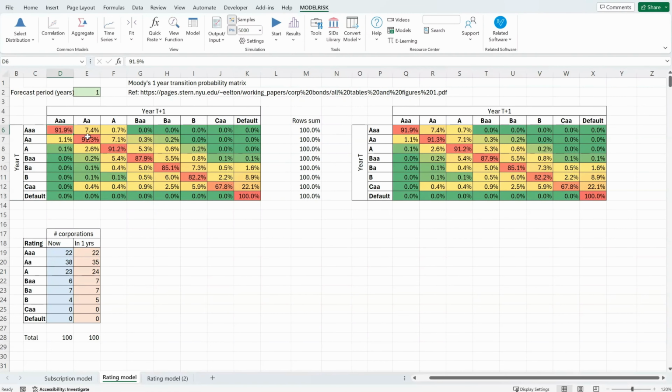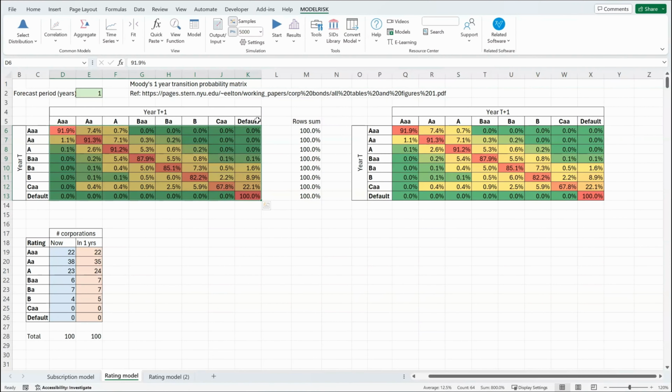Now, if we multiply this matrix, we can predict for a certain number of entities in each of the original states how many will be in the other states in sequential years. So this is a one-year probability transition matrix, but we can multiply the matrix by itself to figure out what the probability is of being in the different states after multiple years.